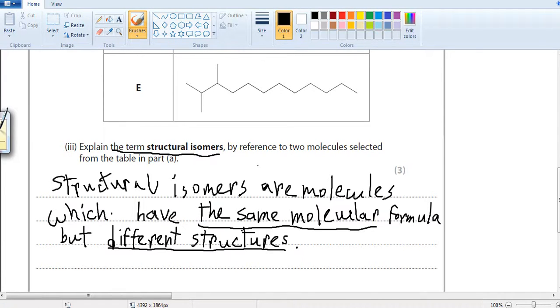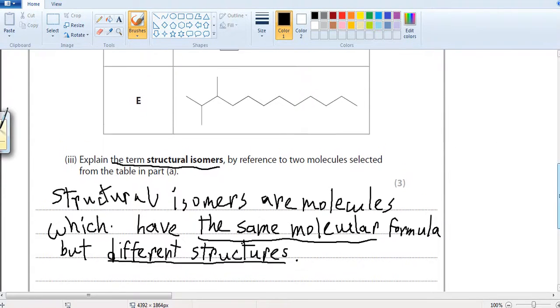So now let us look at the two molecules. Let us identify the two molecules.